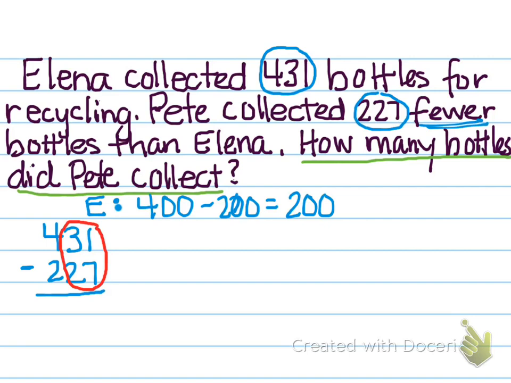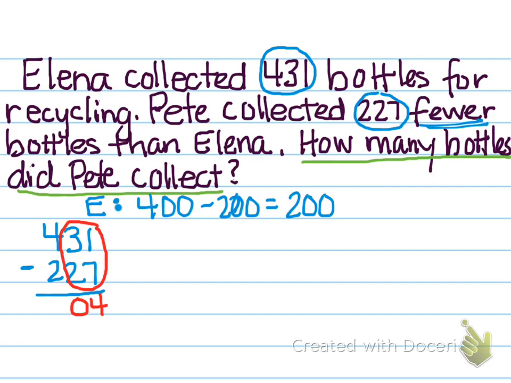And then I'm going to subtract the 27 from the 31. Now, if you're more comfortable with addition, go ahead and count up from 27 to 31. What do you have left? I'm going to write a 0 in the tens and a 4 in the ones because I know that the difference between 31 and 27 is 4. They're pretty close, aren't they?